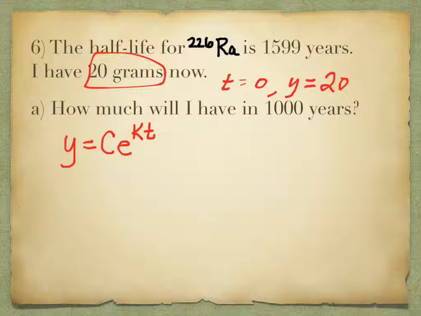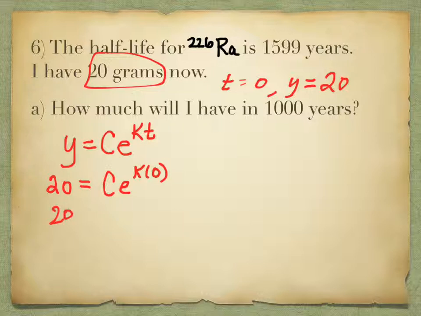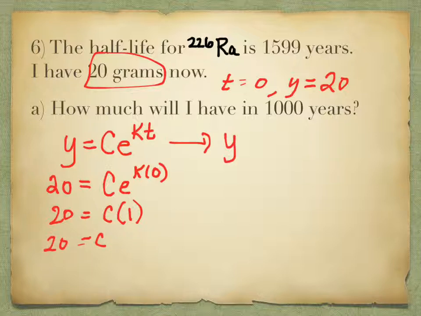So c is going to be the number 20. I'll write that in just to show you what we did. So C is 20. So we now know that y equals 20 e to the kt.